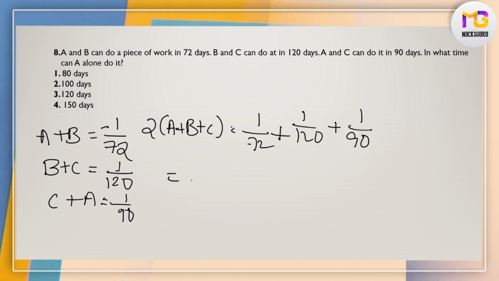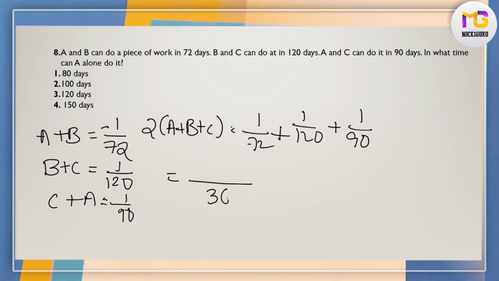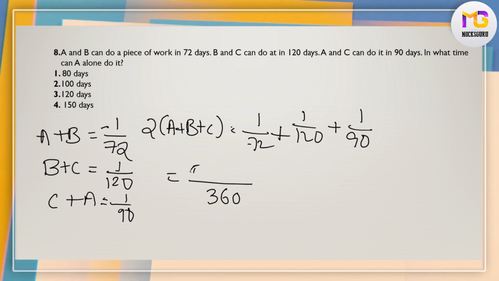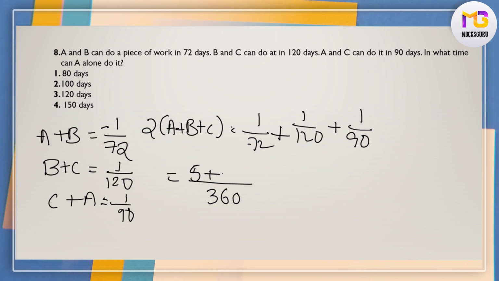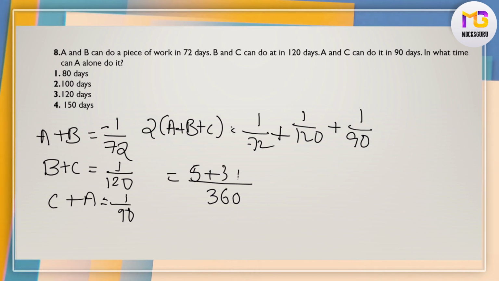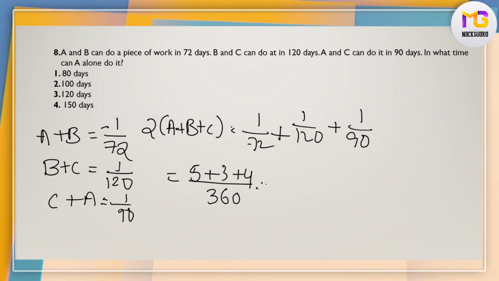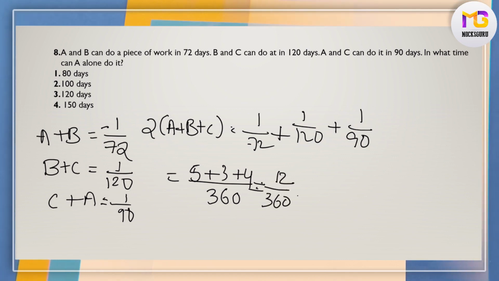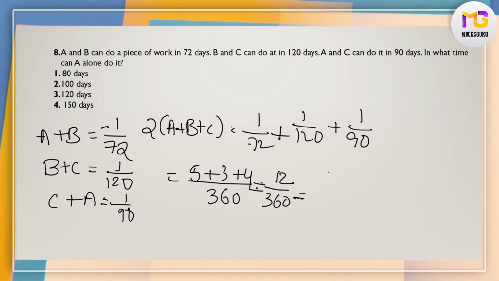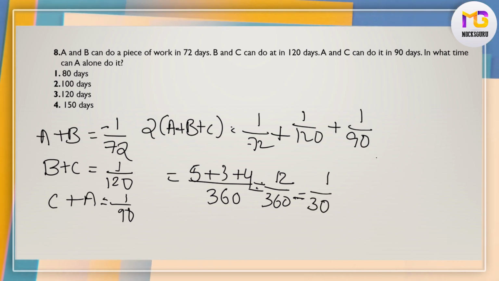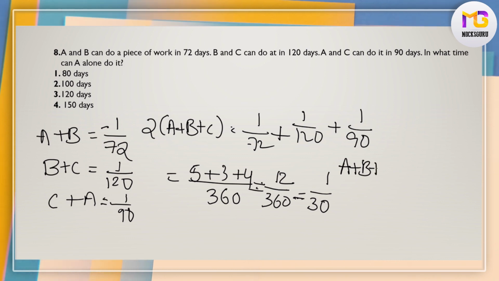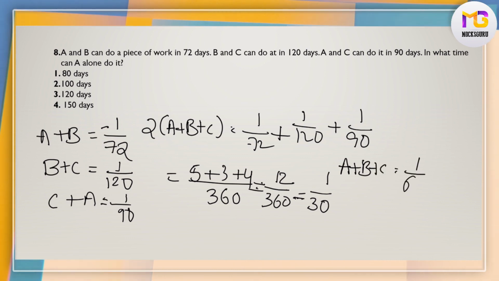So here we'll have the LCM 360, which is 5 times, then 3 times, then 4 times. So the answer is 12 by 360, 1 by 30. So A plus B plus C is equal to 1 by 60.